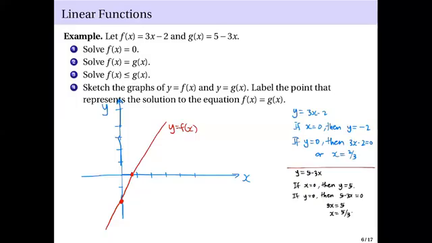So we have the point 0, 5. And then we have 5/3, 0. 5/3 is 1 and 2/3, so it's somewhere here. So if you get now the graph, it's something like this. Assume that it's a straight line. So this is the graph of your y equals g of x.